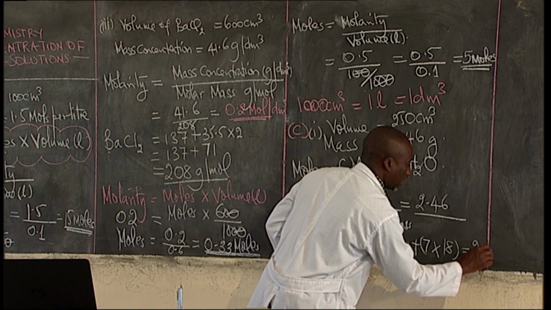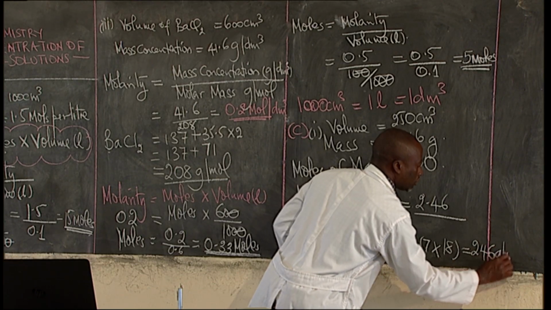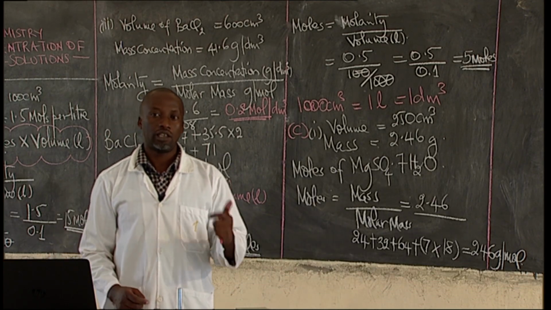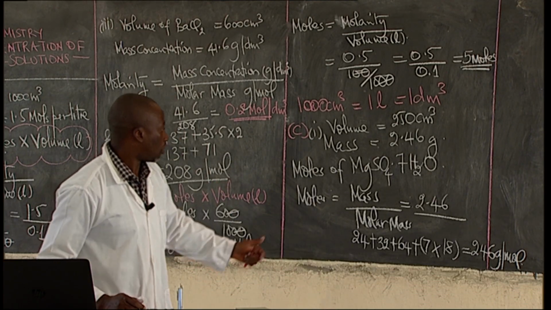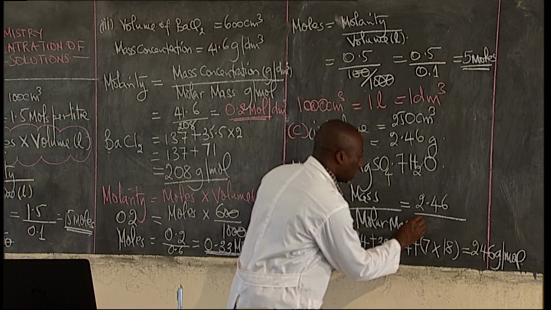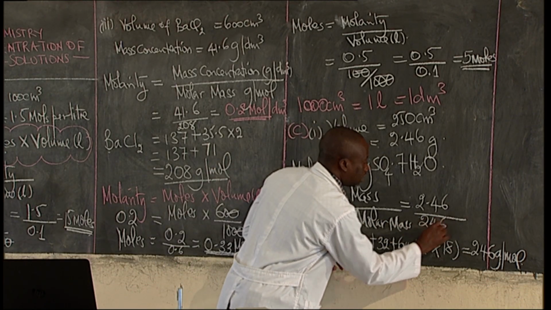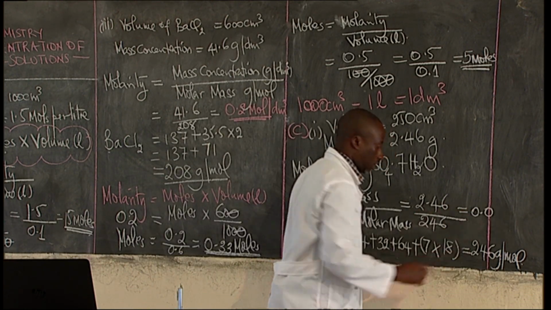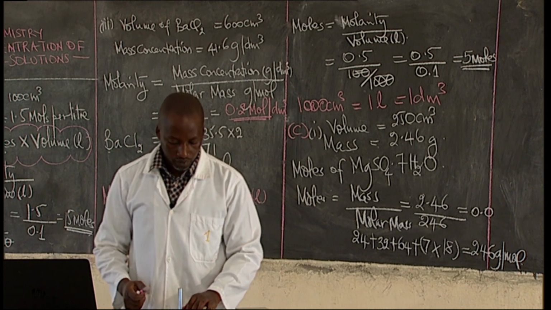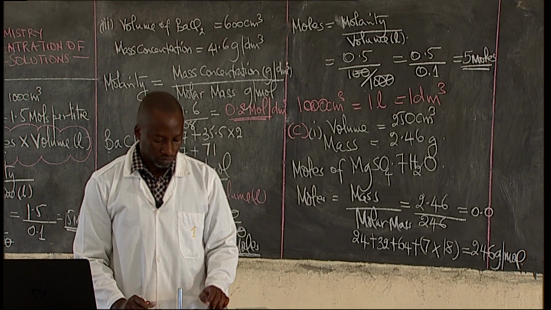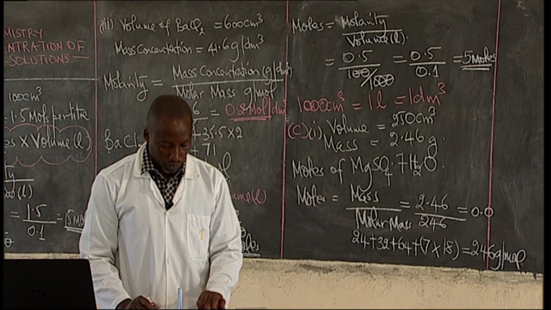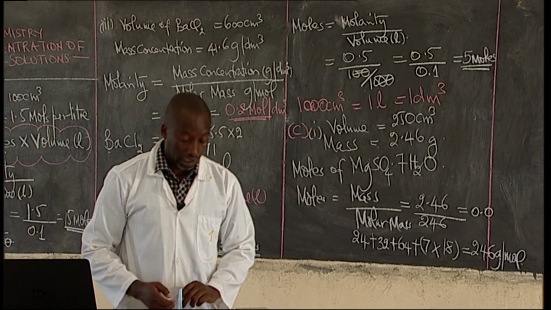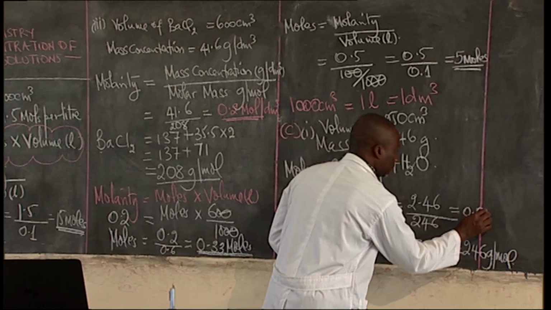This is 246 grams per mole. Remember, molar mass is measured in grams per mole. So to get the number of moles here, divide by 246. Compute to be very sure. That is 2.46 divided by 246. That is 0.01 moles.